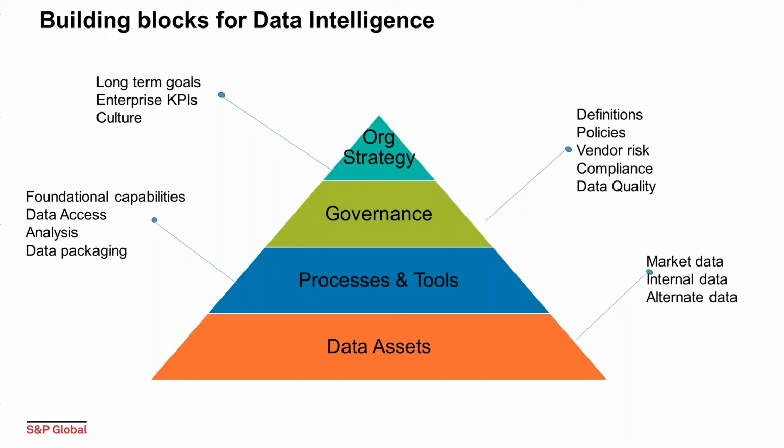So governance really plays a crucial role to define the data definitions within the organization, and it also controls the policies for how data should be used and standardized, and it deals with also the compliance and risk aspects around data, right? That is a crucial factor for the organizations to focus on.